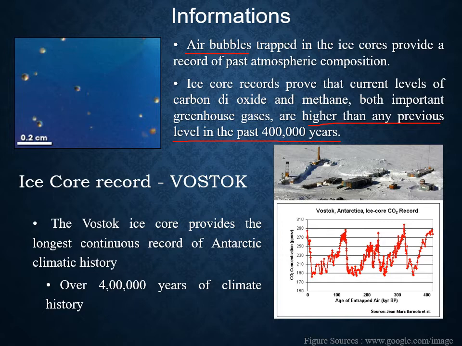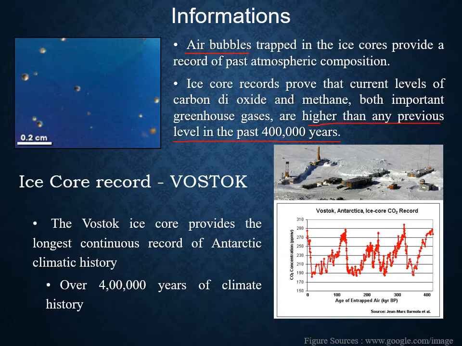So when we get these kinds of bubbles, we can study these bubbles, we can get the composition of ancient atmosphere, and as I told, we can compare with the present day atmosphere composition. And it was found by studying the 4 lakh years record that the present greenhouse gas level is exceptionally high throughout these 4 lakh years.